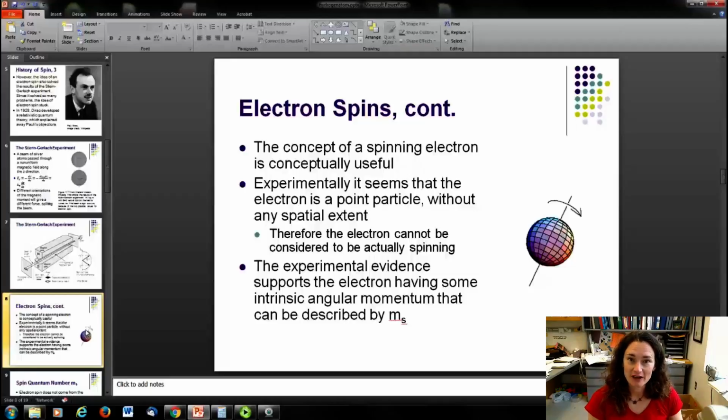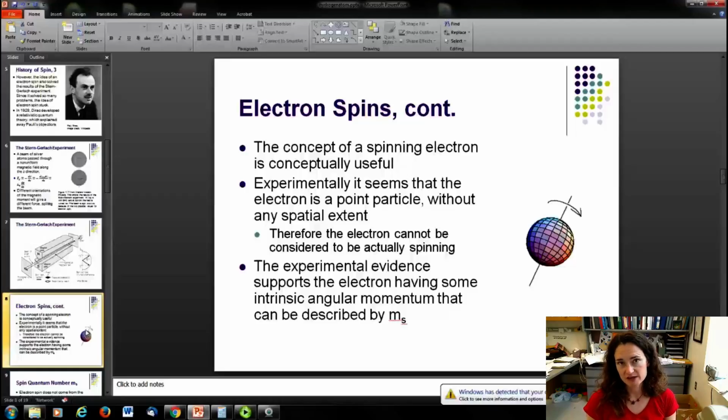So the experimental evidence just supports the idea that this inherent angular momentum and this inherent magnetic moment, for those 2 concepts go hand in hand, it's just an intrinsic property of that particle, all right? So particles can have an intrinsic, inherent angular momentum and magnetic moment, just like they have a mass or a charge or any other property. So it's just one to add to the list.